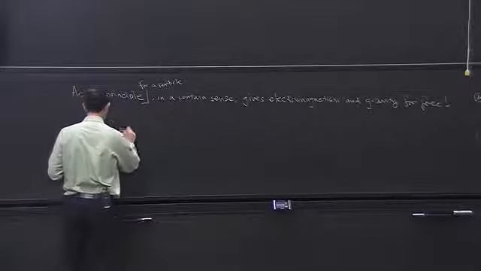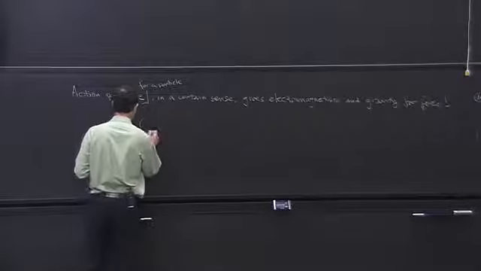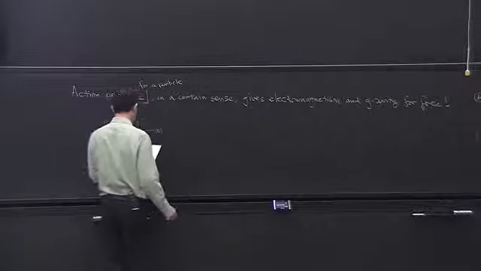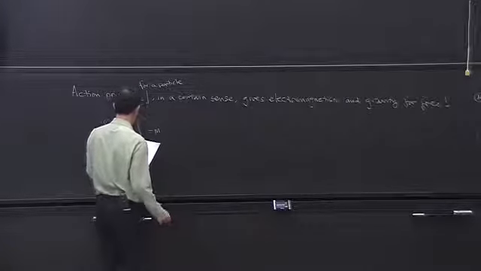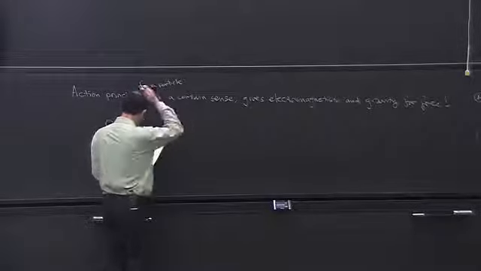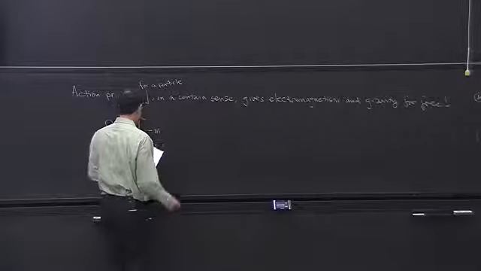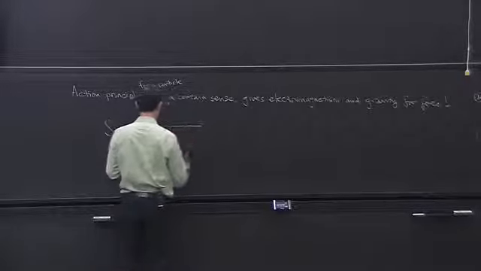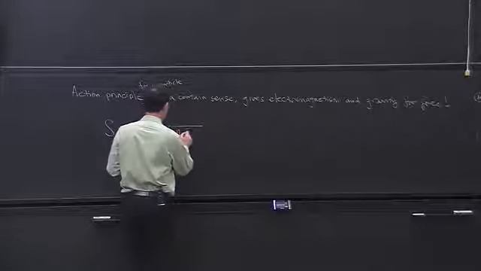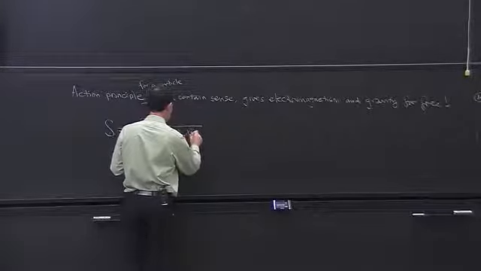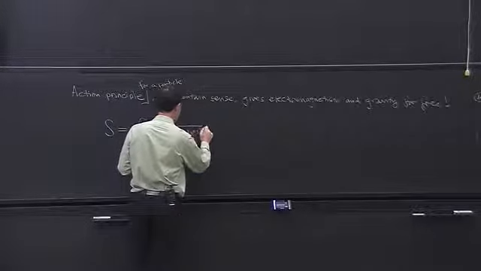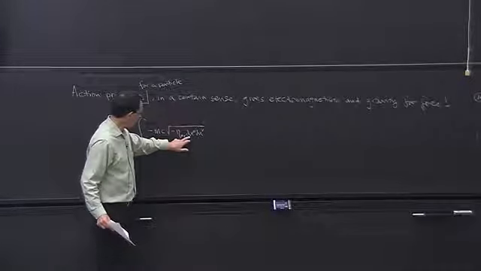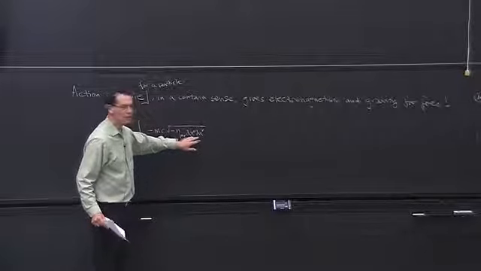So the action for a relativistic particle is the length of the world line times minus m. Now let me get these units right. Yes, minus mc times the square root of minus eta mu nu dx mu dx nu. If you remember, this is going to basically give us c squared dt squared.